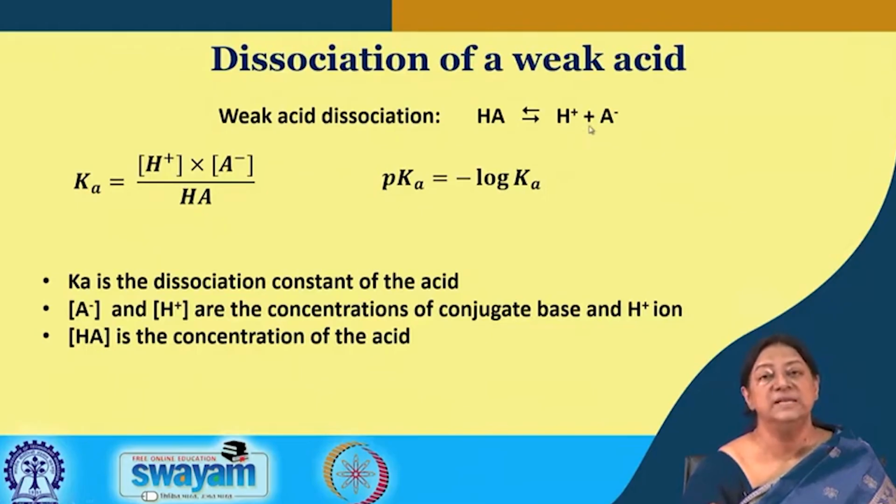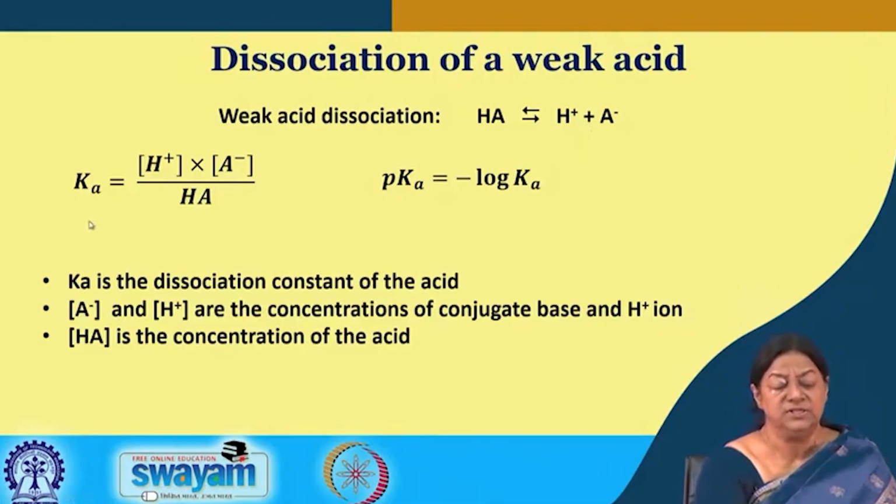Being a weak acid, it does not dissociate or ionize completely. There is an equilibrium constant associated with this dissociation given by the concentration of the H plus, the concentration of the conjugate base A minus and the concentration of HA, which is the acid.